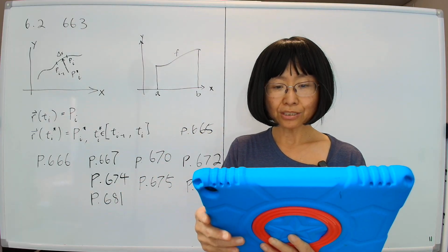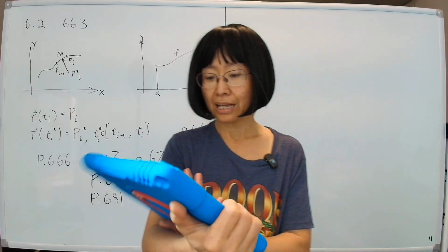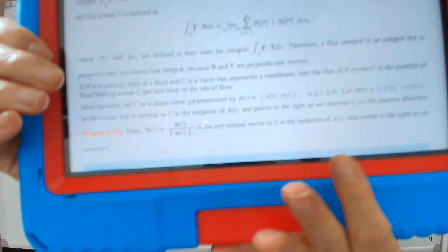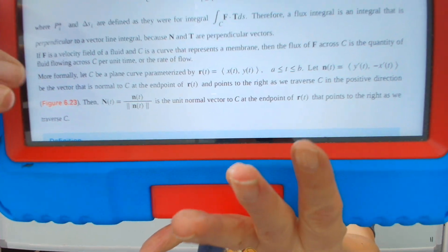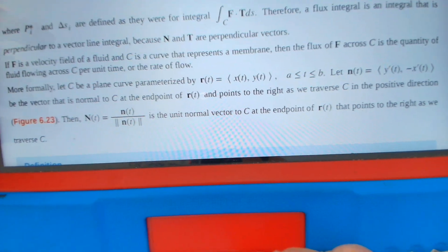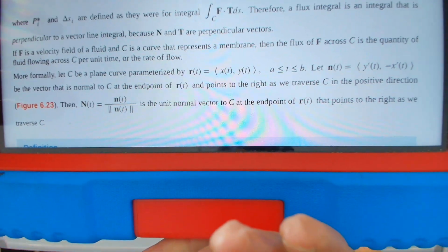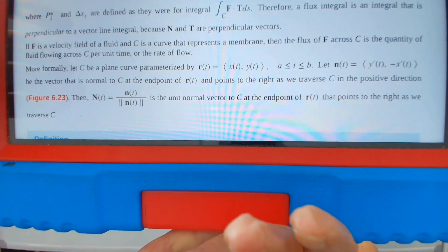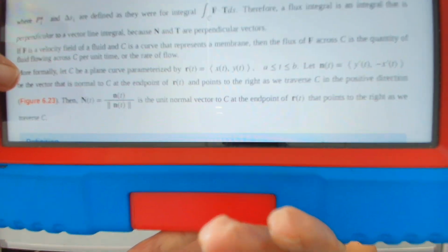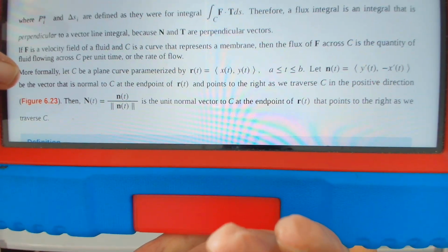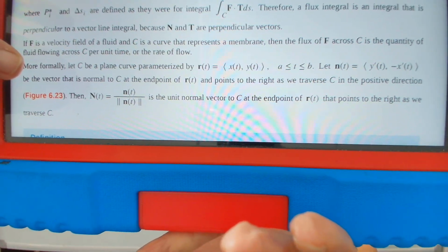Now, I should mention that the unit normal vector is calculated, pay attention down here, which shows you how this is done. Right here, R(t) is (x(t), y(t)), because for the flux we're only focusing on 2D. And then N(t) is you just switch that around and slap a negative sign on somewhere.